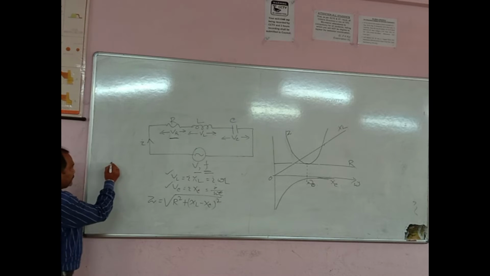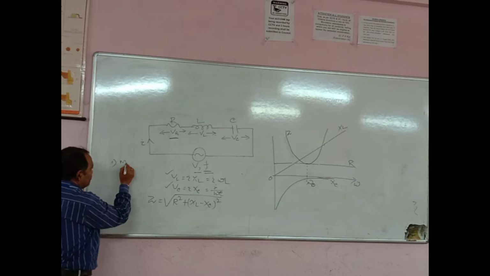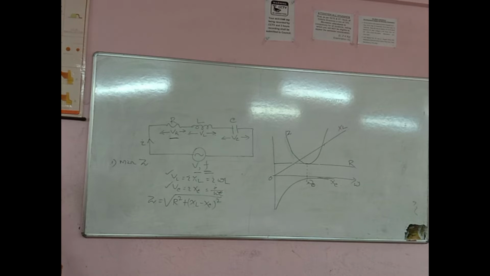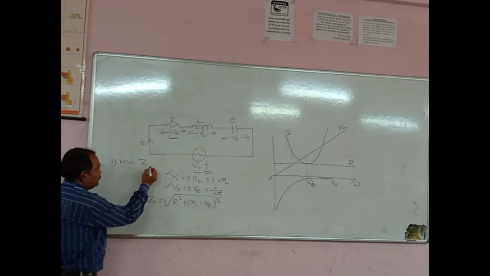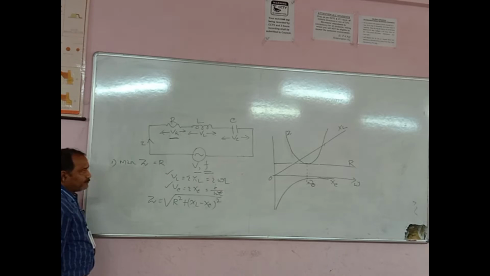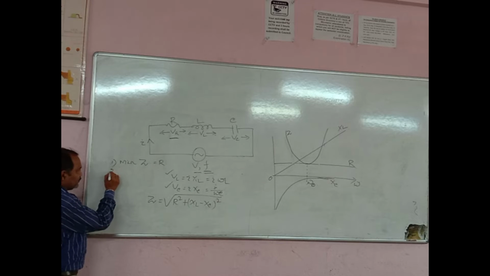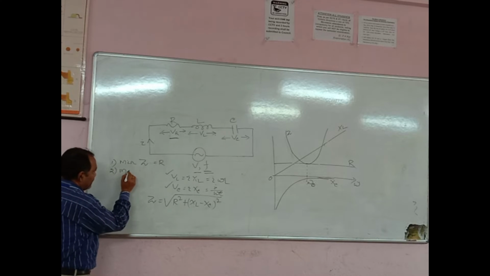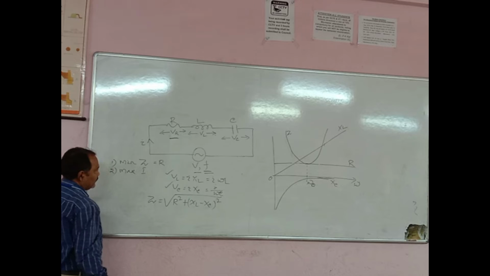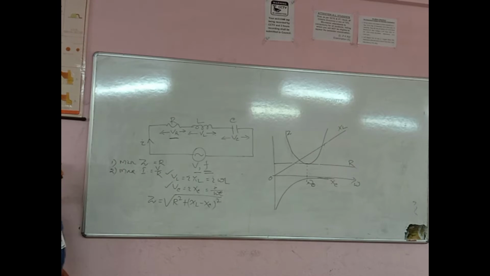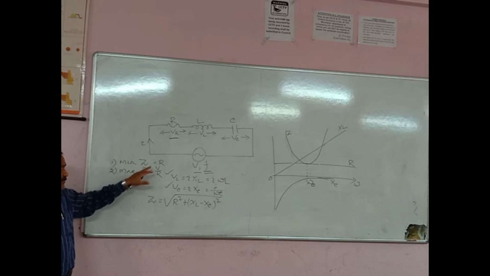First point, minimum Z. That means the impedance will be minimum when series resonance occurs, and that is equal to R. And if Z is minimum, then ultimately the current will be maximum, and that is equal to V by R, because we know that current is equal to V by Z. So if Z is equal to R, I will be equal to V by R.